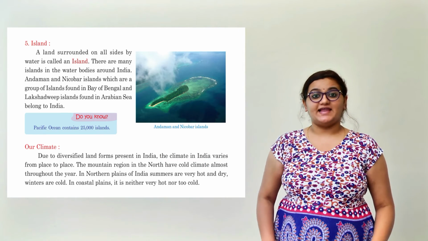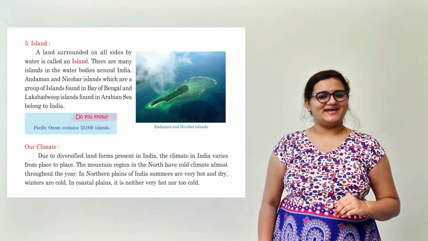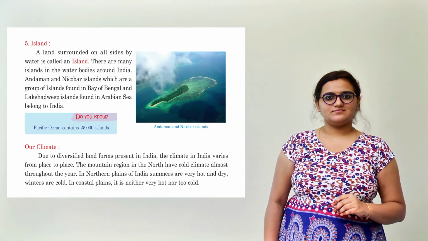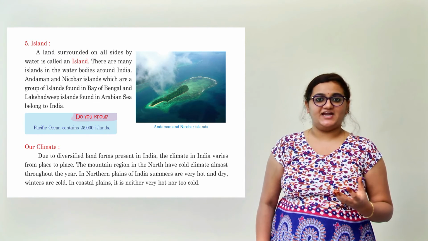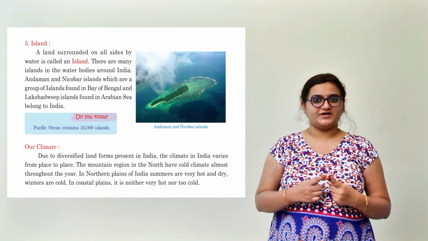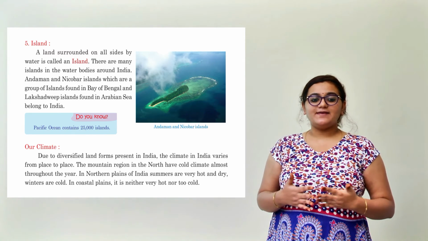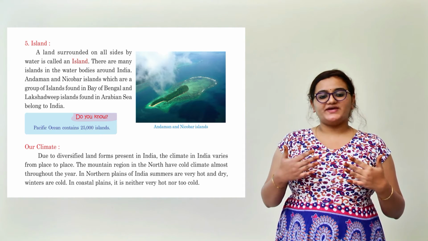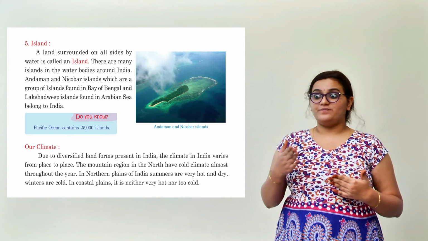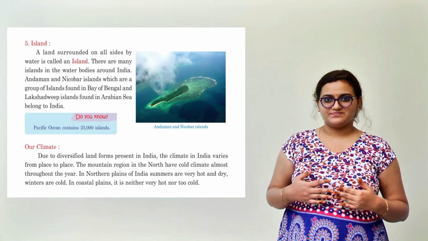Let us come to the last landform, the fifth one, island. What is an island, children? An island is something when you find a land which is completely surrounded by water, you call it an island. Now there are many islands in the water bodies. So in our India, can you open the map and tell me which are the two most important islands?